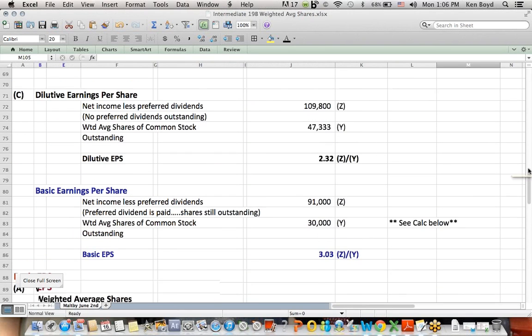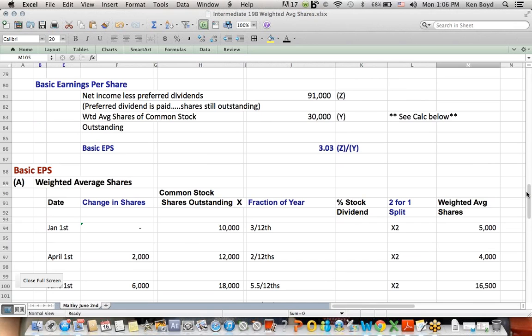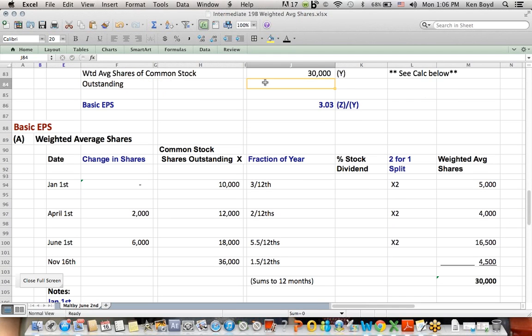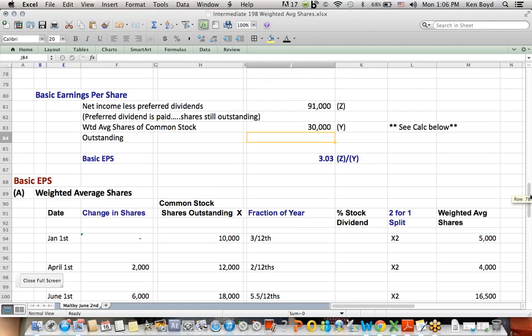The last thing I'll do in this video is talk about that. If our net income less preferred dividends is $91,000 and we divide it by the 30,000 shares that I figured out down below, you'll see that it's linked. So if net income less preferred dividends is Z and weighted average shares is Y, Z divided by Y is our basic earnings per share of $3.03.